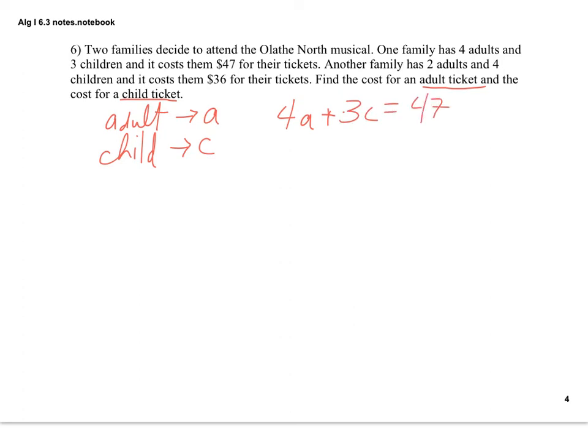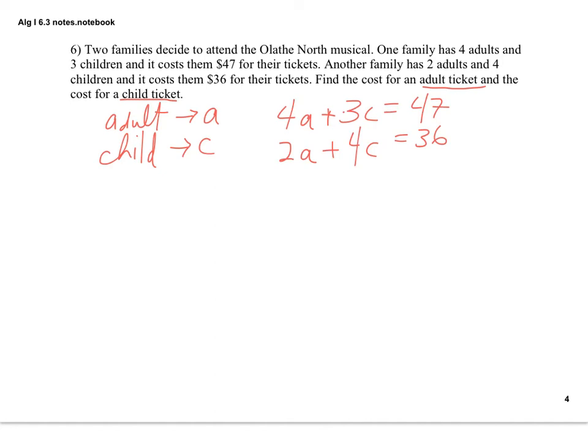All right, and in the other family, we have 2 adults and we have 4 children. They ended up paying $36. All right, so there's our setup. We've got our setup done.